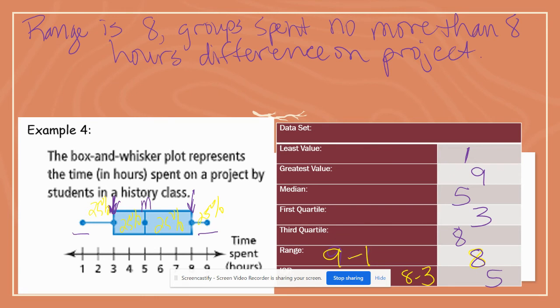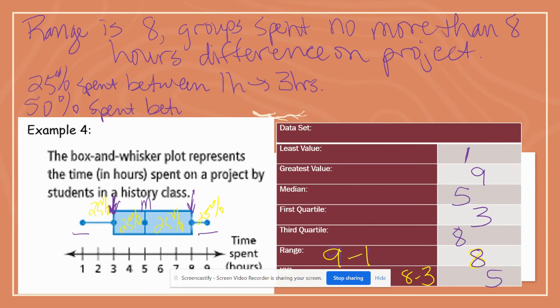The distribution of the data. So 25% spent between 1 hour and 3 hours. 50% spent between 3 hours and 8 hours.